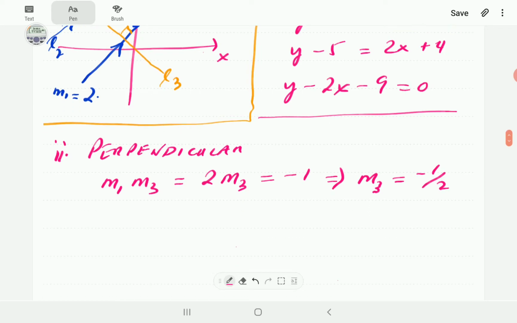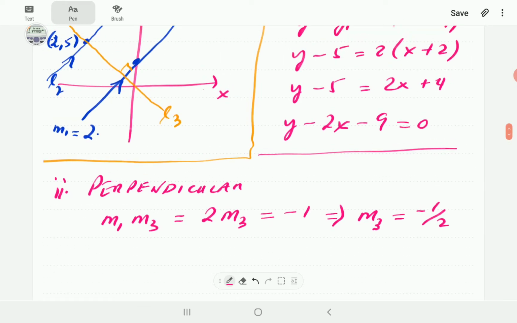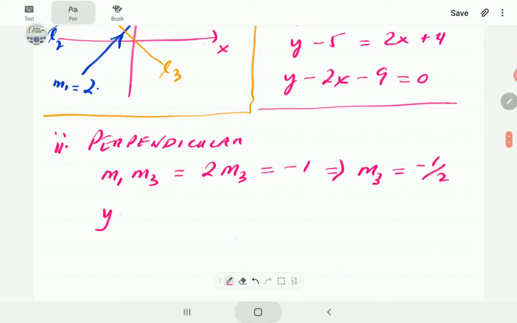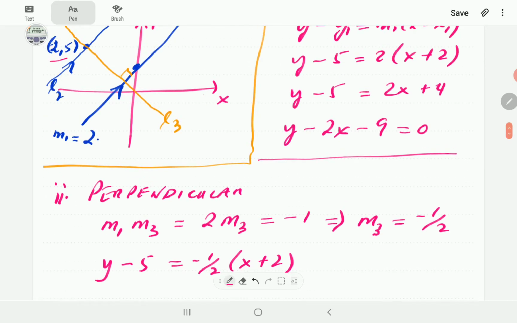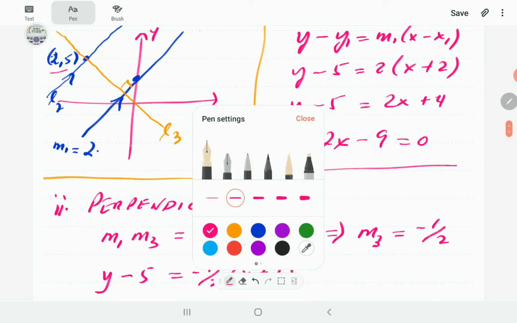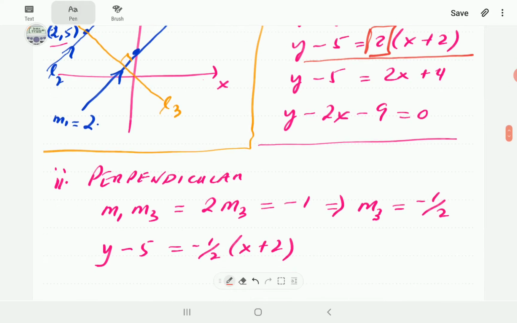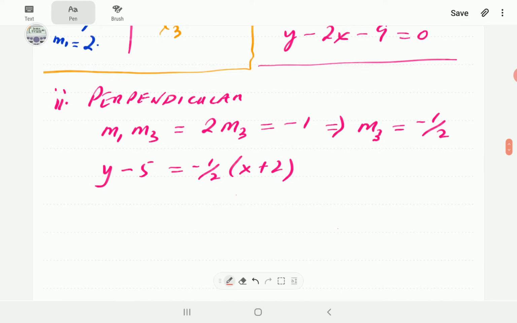And since the line goes through this same point, negative 2, 5, then our equation is going to be y minus 5 equals negative 1/2 times x plus 2. Notice this is exactly the same as this equation here. The only difference is the gradient now is going to be the negative reciprocal of that.